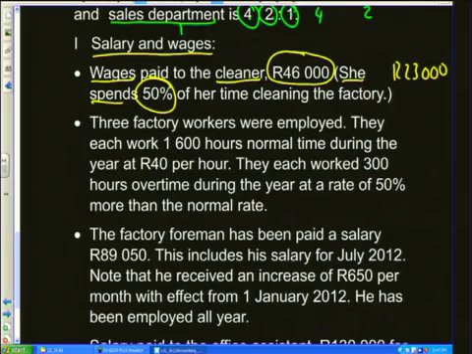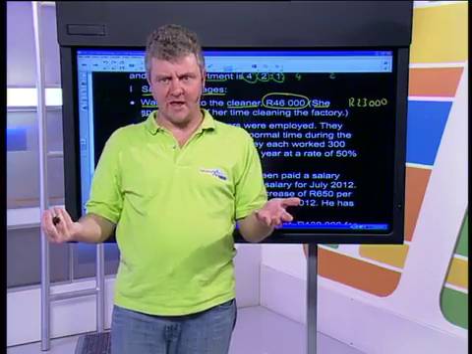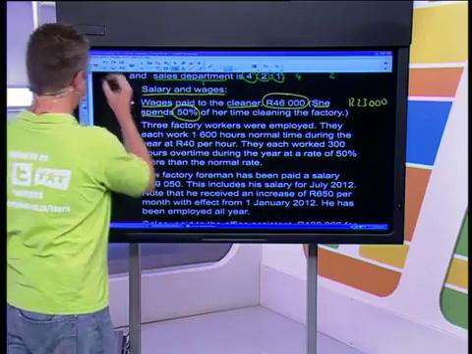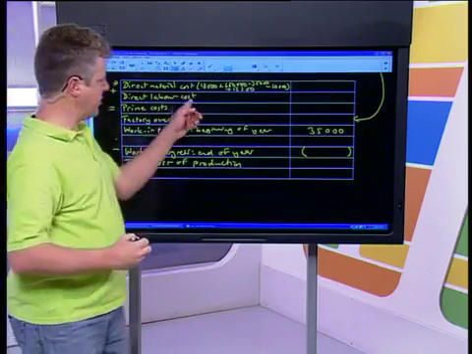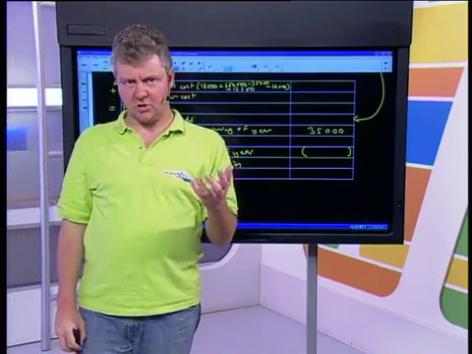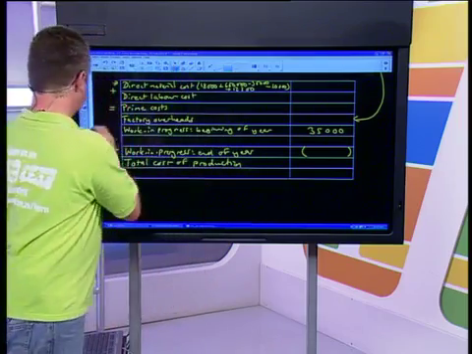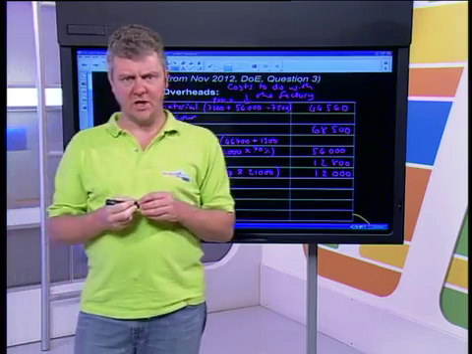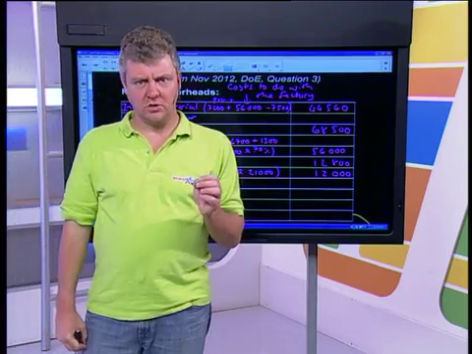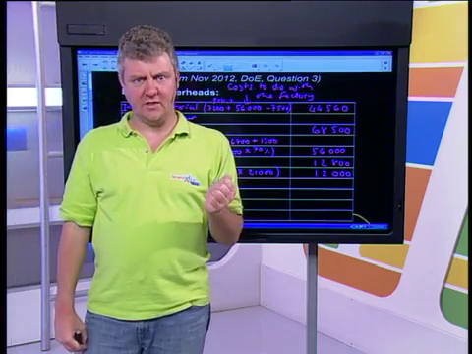Now the important thing is, are those going to be included as direct labor, or are they going to be included as indirect labor? Because if they're included in direct labor, we're going to have to put it over here as our direct labor costs in the face of the production cost statement. But if they're included as indirect labor, we're going to have to put it up here in the factory overheads note. That's why it's so important to understand the difference between the two.